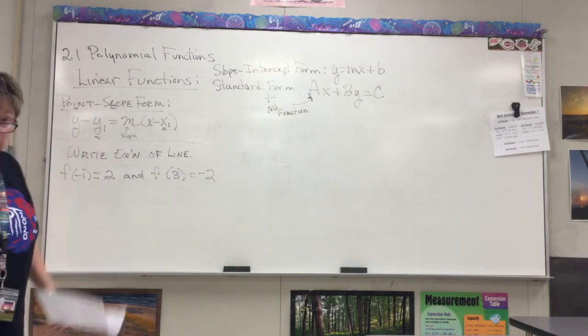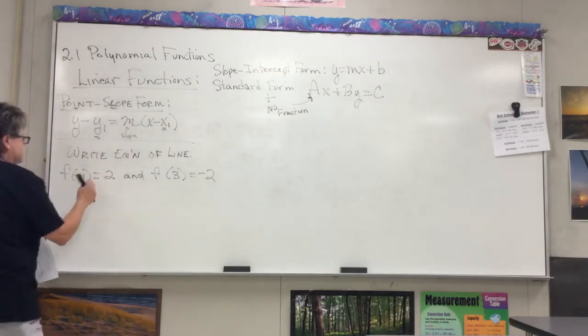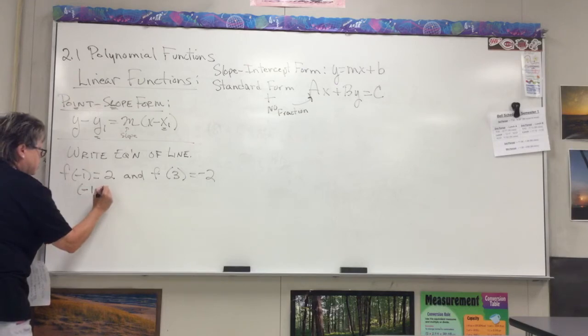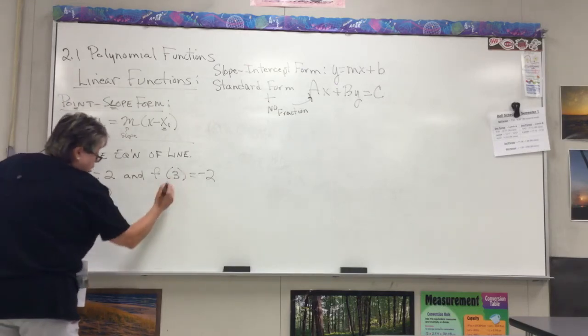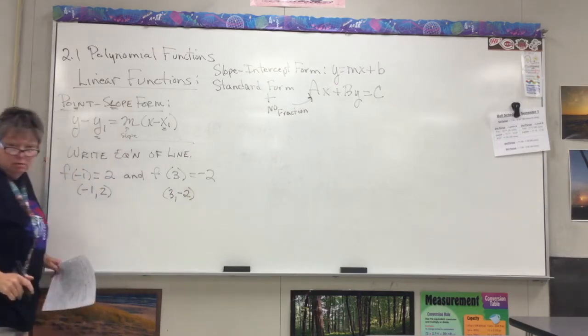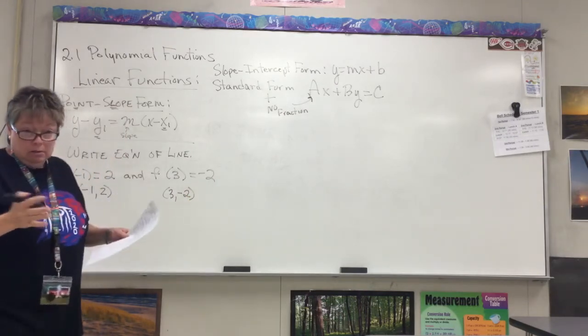Using that notation, the question is just telling you, if I plug -1 into an equation, I get out a 2. So it's saying the ordered pair -1, 2. Same idea here: x would be 3, the y would be -2. Find the equation of the line.